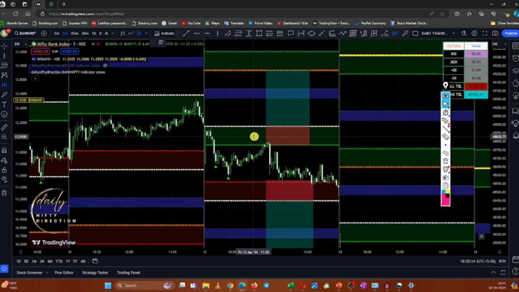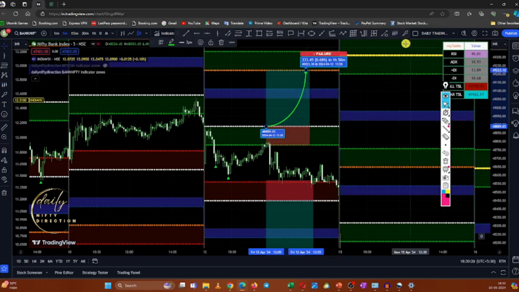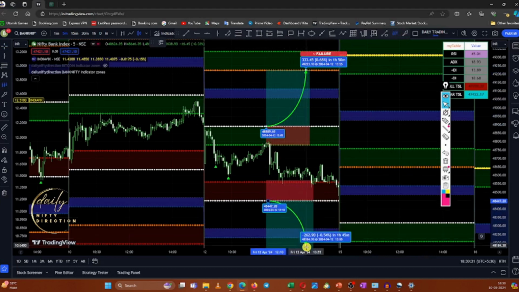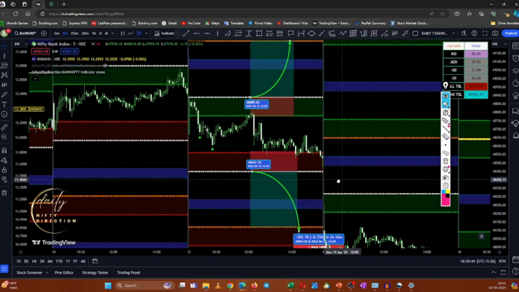These white lines are the barriers of the market. Above these white lines it is generally considered bullish, and below this white line it would be considered bearish. We would be taking trades like this.